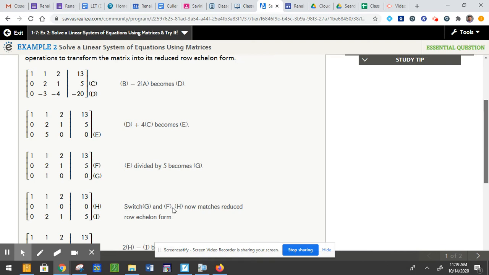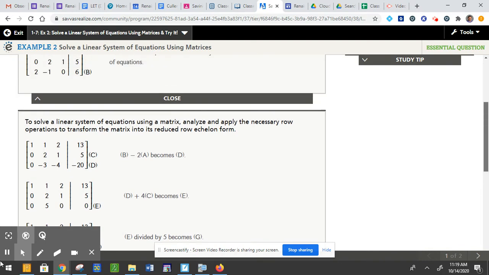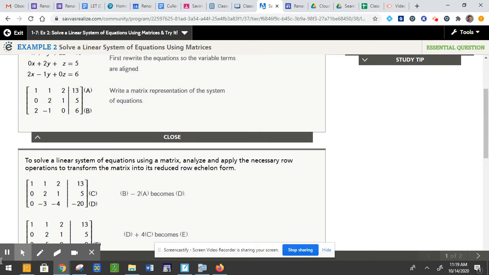So they took that B matrix and subtracted it by the first line, multiplied by 2, right? And that created that third line.